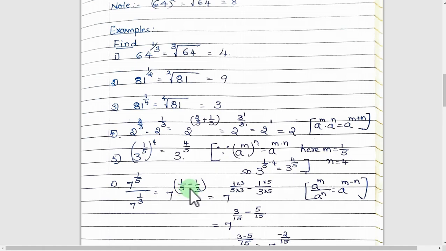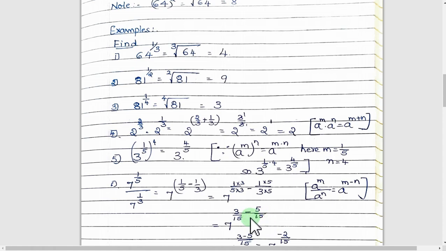Now we have to make the denominators of both 15 by multiplying the number. 5 into 3 will give you 15, and the same number you have to multiply for the numerator also. 3 into 1 is 3, and 5 into 1 is 5. So the result is 3 minus 5 by 15. To equate the denominator, we take the LCM and multiply the same number to the numerator and the denominator.